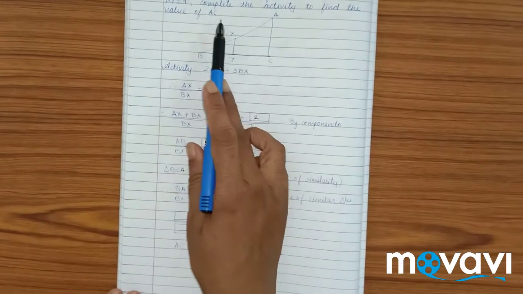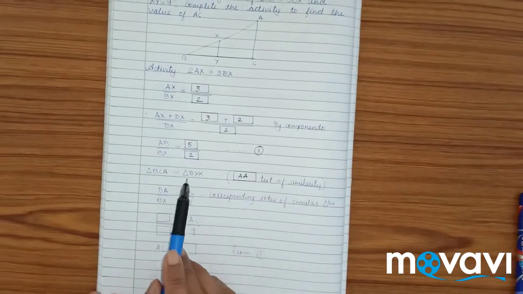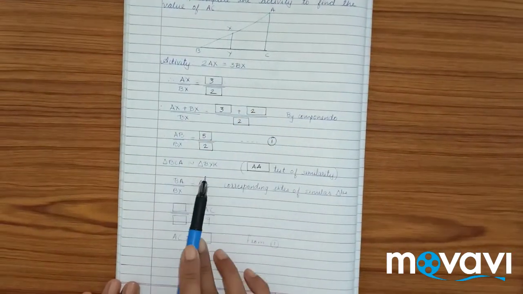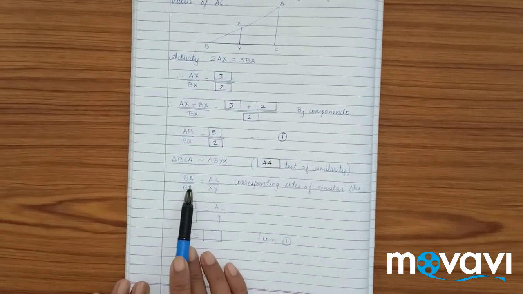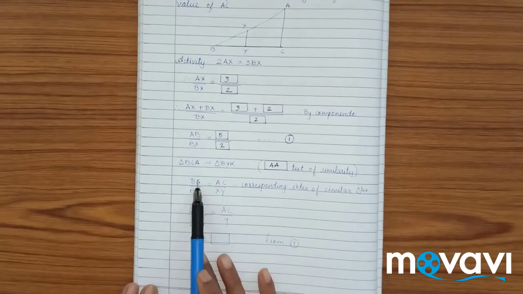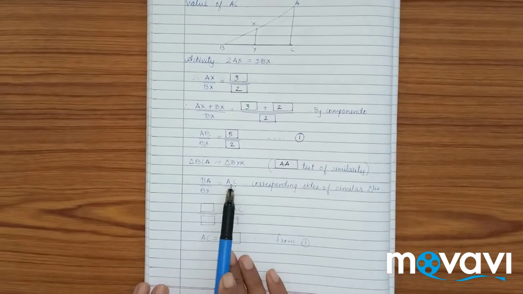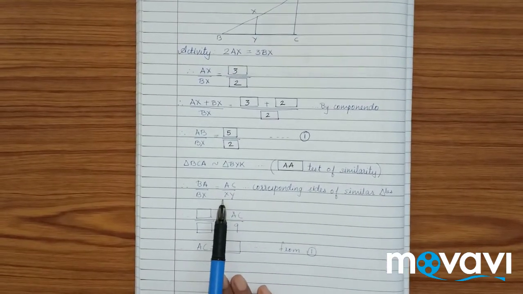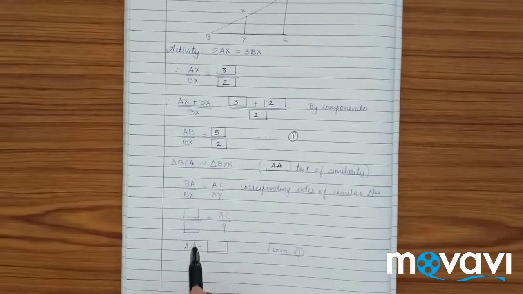Then they are parallel, means corresponding angles. So again, understand for yourself now that this kind of two triangles are similar to each other by AA test. Okay. Now they have written the corresponding sides of similar triangles. That is BA upon BX is equals to AC upon XY. Okay. They have written it like this.